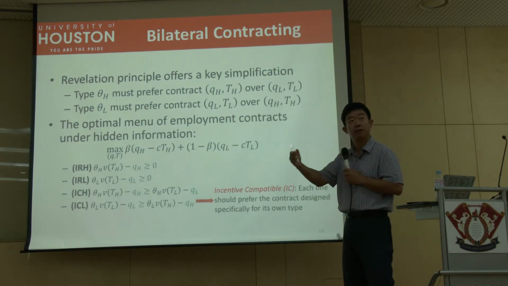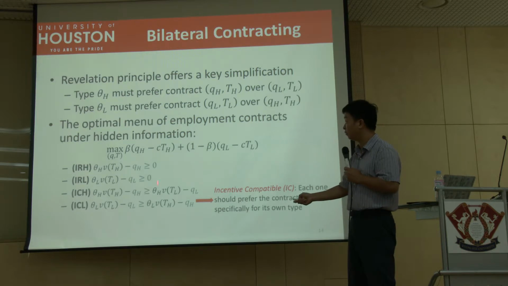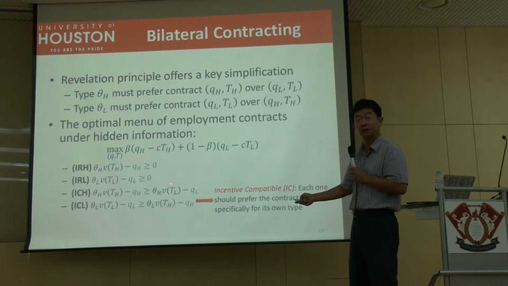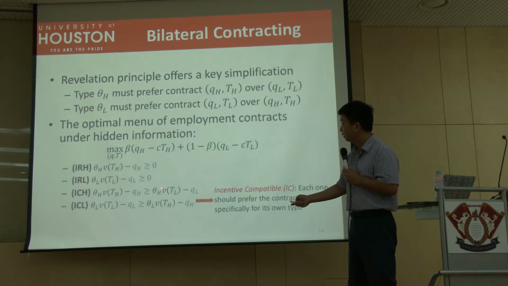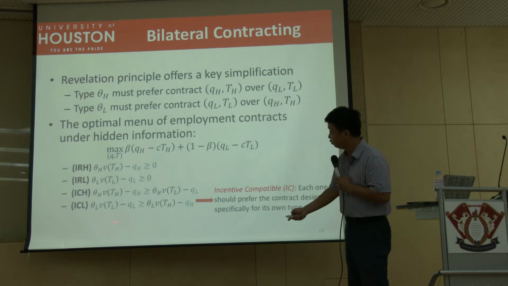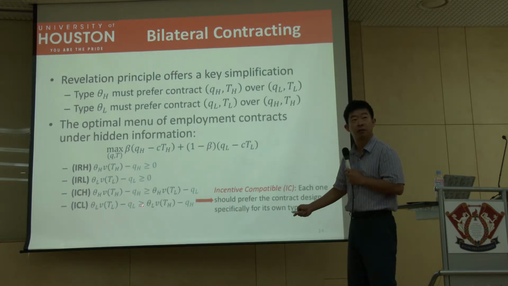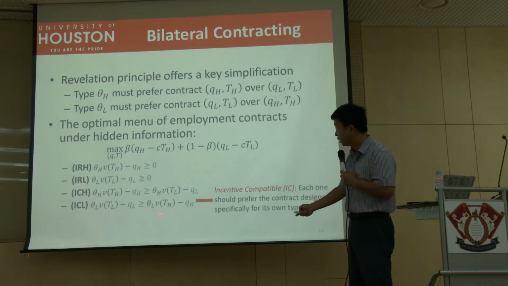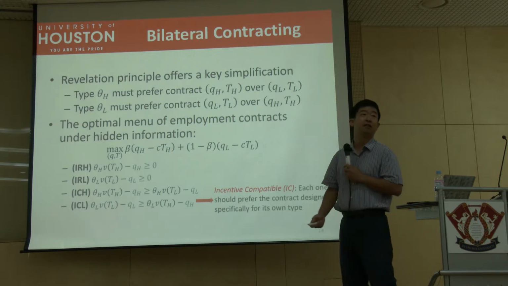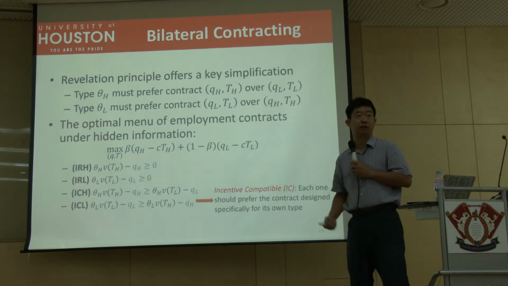If the high competent people take a low competent job, then the payoff will be less. And on the other hand, for low competent people, if they pretend that they are high competent, their payoff will be lower than if they really do the low competent job.